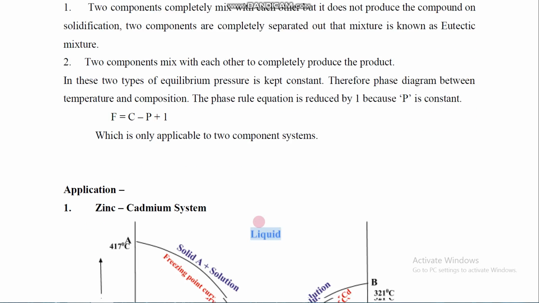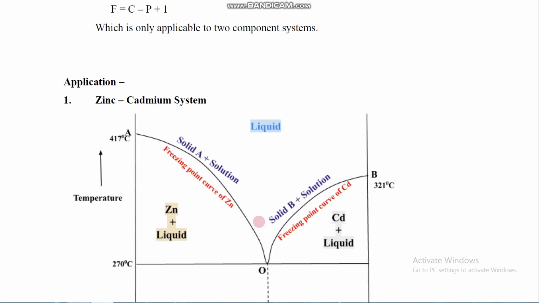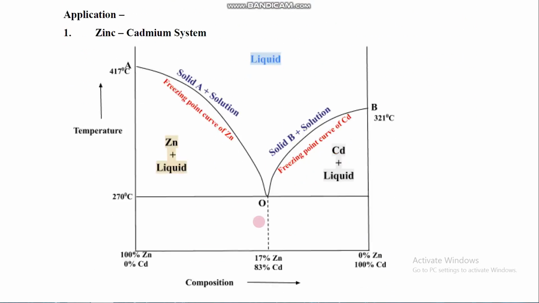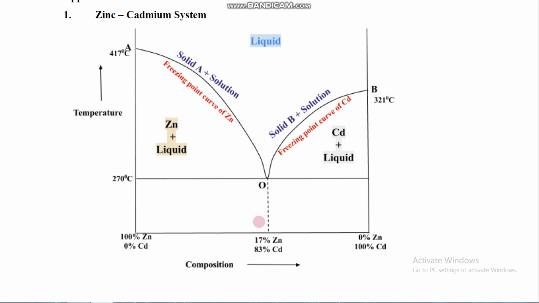So, application of this two component system. First application is the zinc cadmium system. This is the phase diagram of the zinc cadmium system. Here pressure is kept constant, and the phase diagram is plotted between temperature and composition.